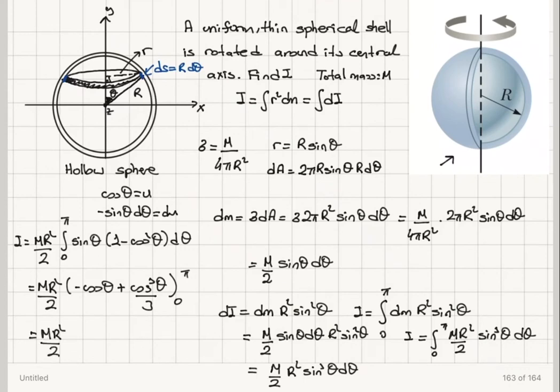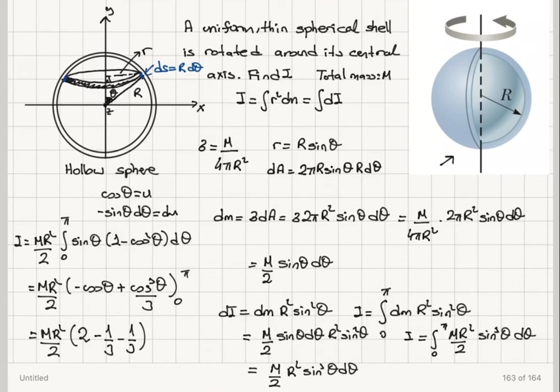So this will be mr squared over 2. I will have cosine pi is minus 1, minus minus 1 is plus 1, minus minus plus cosine 0 is 1, so this is going to give me a 2. And then here I will have minus 1 over 3 for cosine cube pi over 3, and another minus 1 over 3 from the limit at 0.